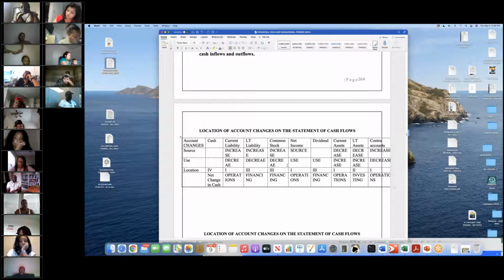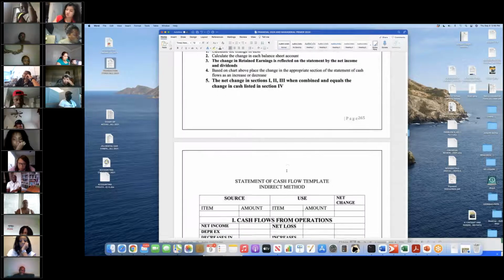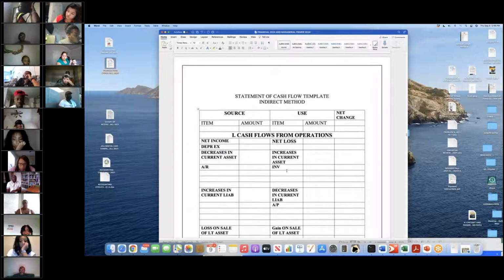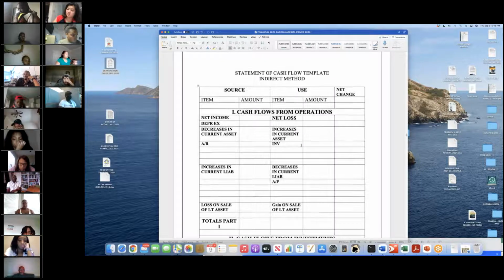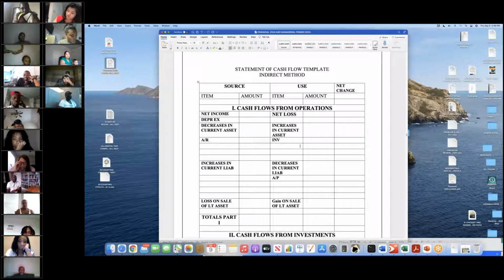Then we get into, is it on the source side or is it on the use side? So we have this template. So we're saying where everything goes. There's a source side, there's a use side, and the net change. In operations, if you have net income, it's on the source side.